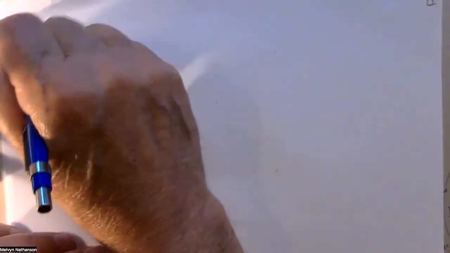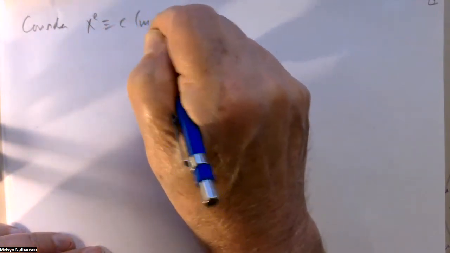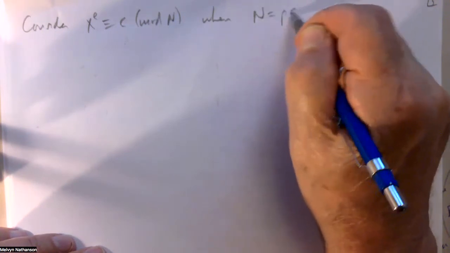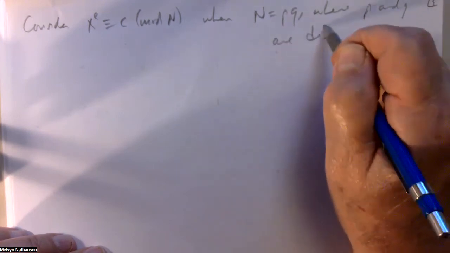So we don't really want to consider the case X to the E congruent to C mod N when N is not a prime. N is equal to a product of P and Q, where P and Q are distinct, different prime numbers.